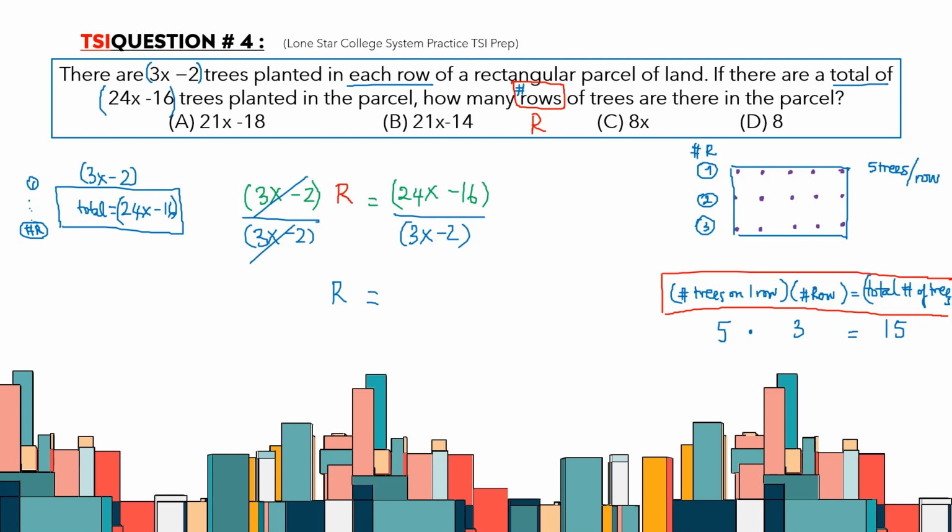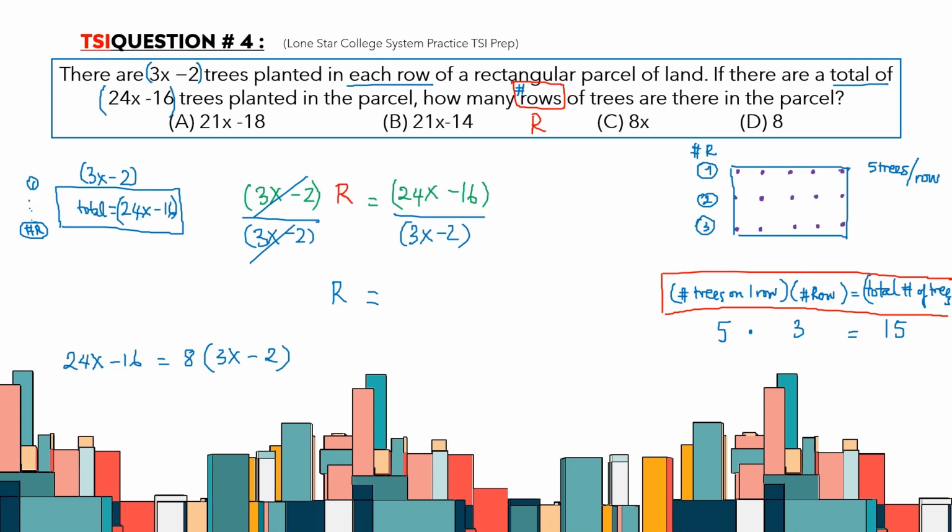Now on the right hand side, we see that in 24x minus 16, we can factor out 8, the common factor. If we take 8 out of 24x, we have 3x left inside, and if we take 8 out of 16, we have 2 left.